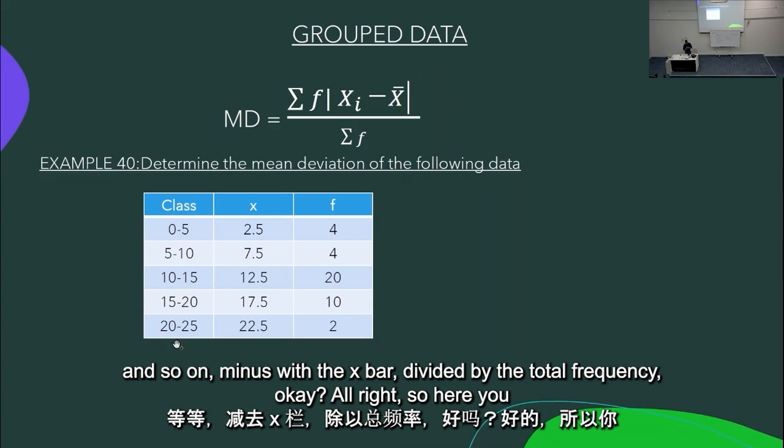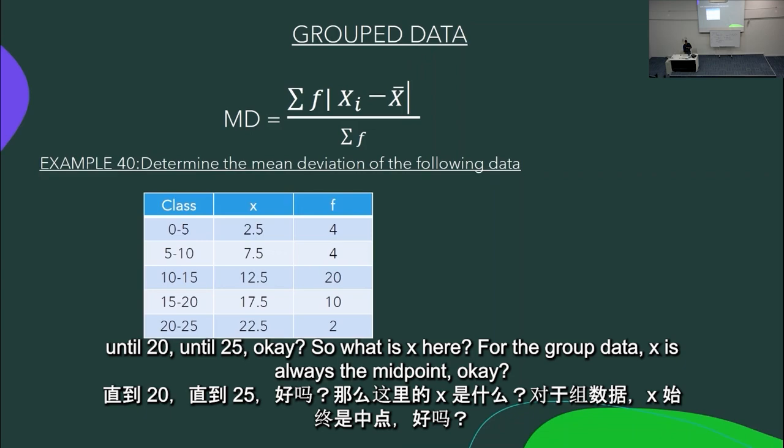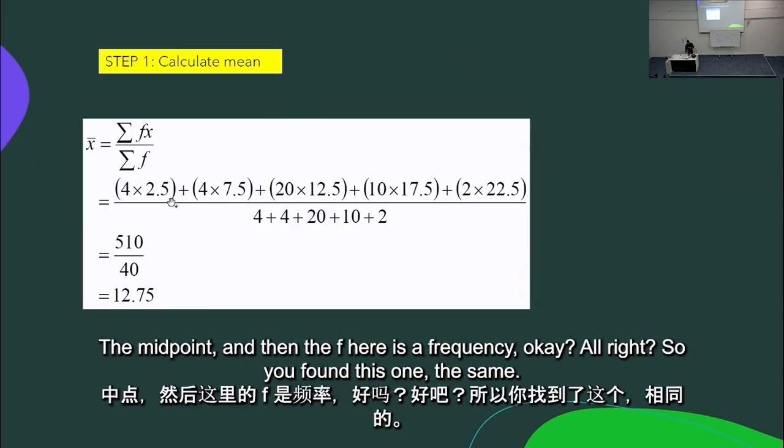Here you have the class, because for grouped data we always have class intervals: 0 until 5, 5 until 10, until 20, until 25. So what is x here? For grouped data, x is always the midpoint, and f here is the frequency.